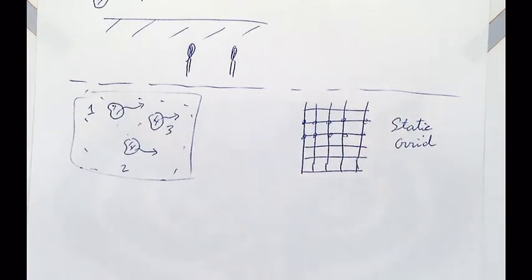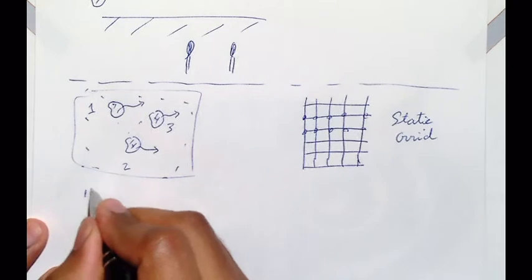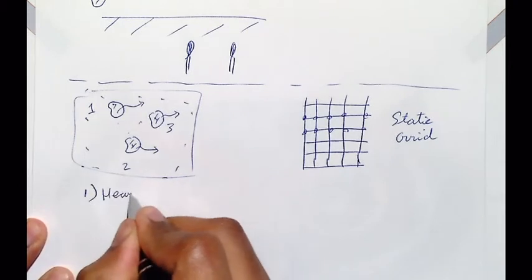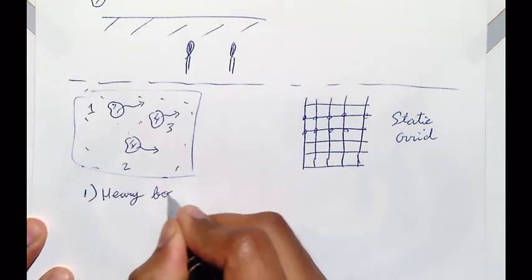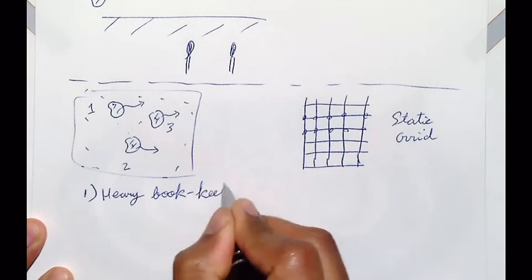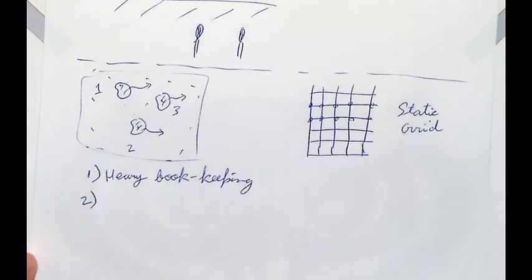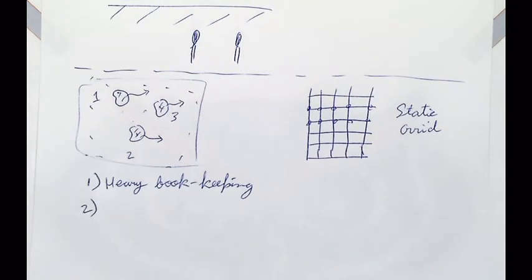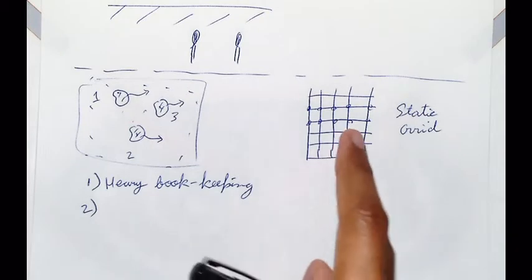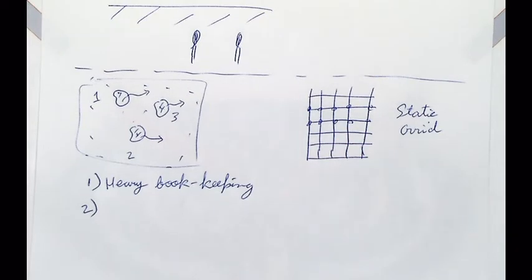So that's one point, bookkeeping. This is heavy bookkeeping. There's a second big disadvantage. In PDEs, we always deal with derivatives. Okay, so how is that a disadvantage in this case? Or if you think of it, how is that an advantage in this case?